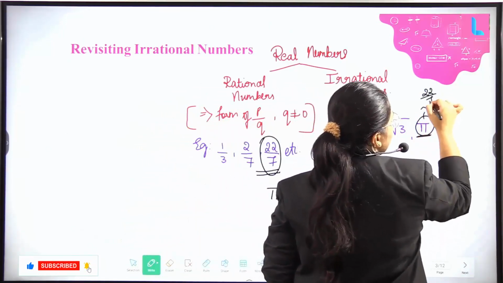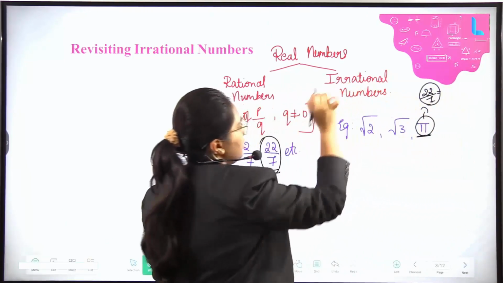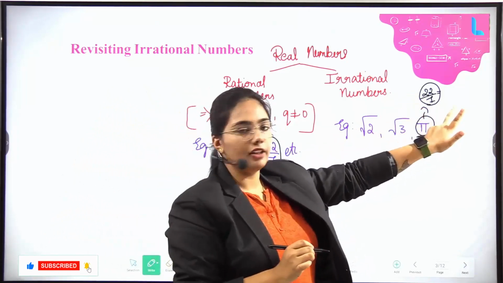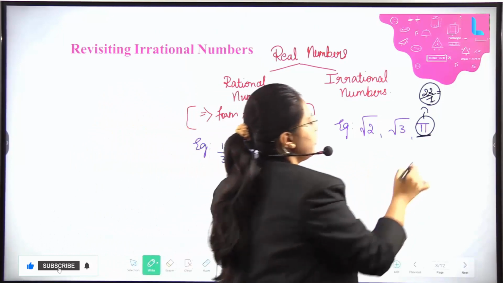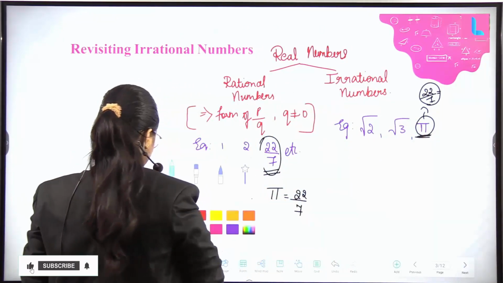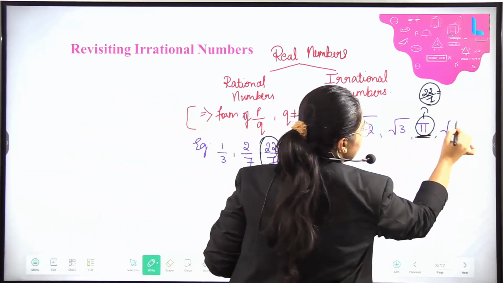If you consider just 22 upon 7, you have to consider it a rational number. If you denote it as pi, you can call it an irrational number. These are a few examples.